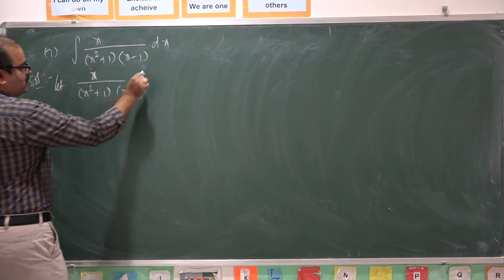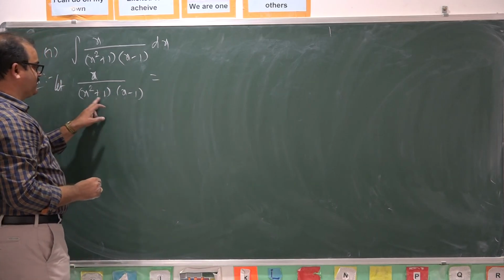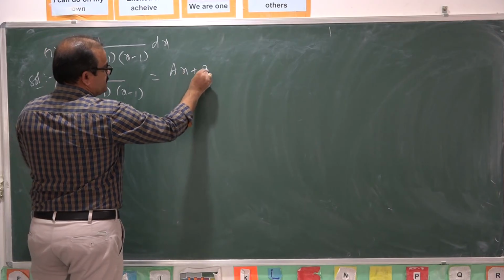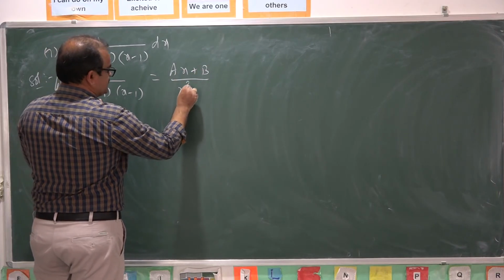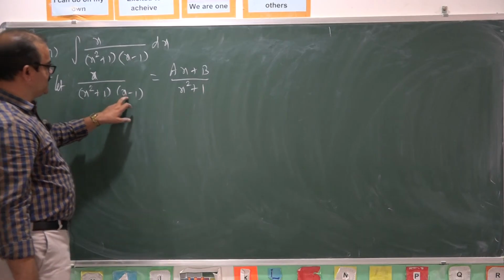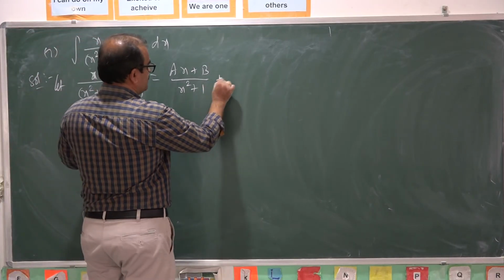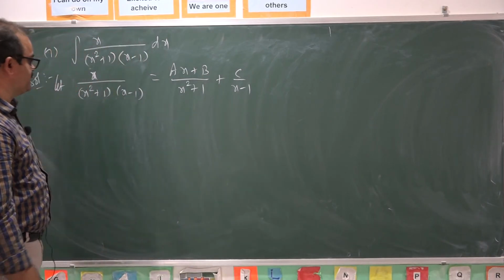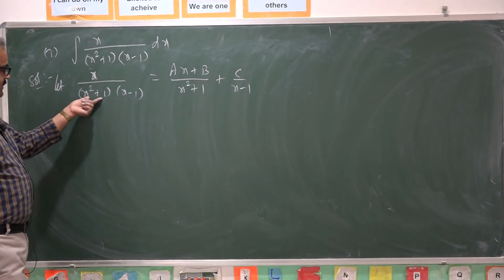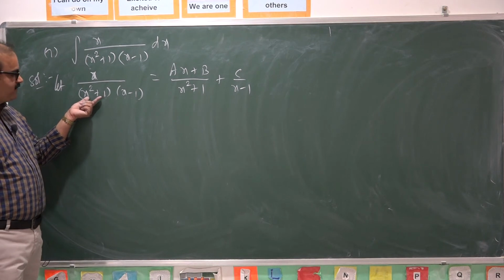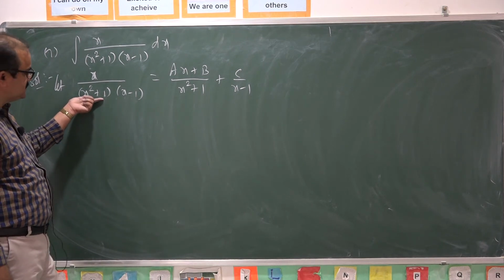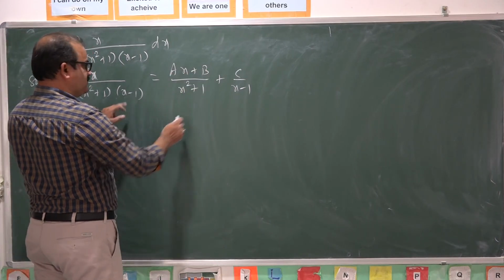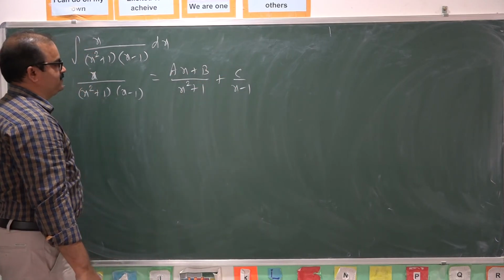Now corresponding to the quadratic factor, the partial fractions are (ax plus b) by (x square plus 1). Corresponding to this linear factor, the partial fractions are c by (x minus 1). It is an irreducible quadratic factor, so corresponding to this, the partial fractions are (ax plus b) by (x square plus 1) plus c by (x minus 1).